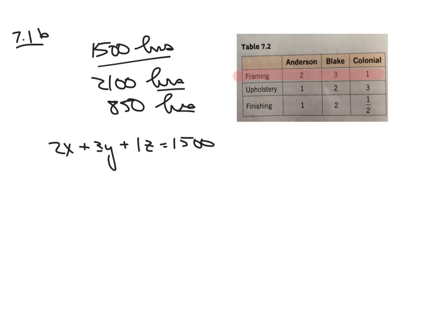Okay, to upholster, we're going to take those numbers right there, which will be 1x plus 2y plus 3z equals 2,100.